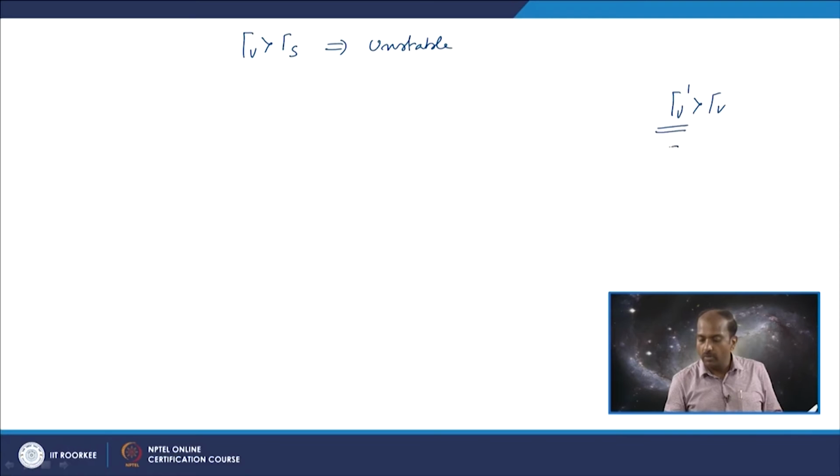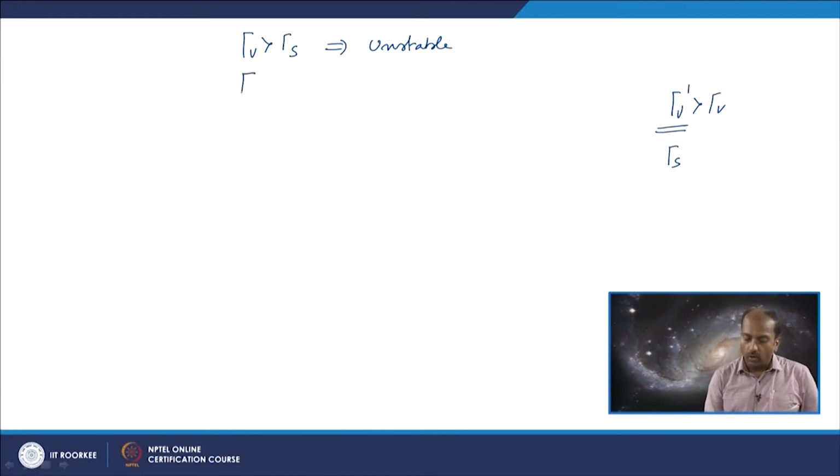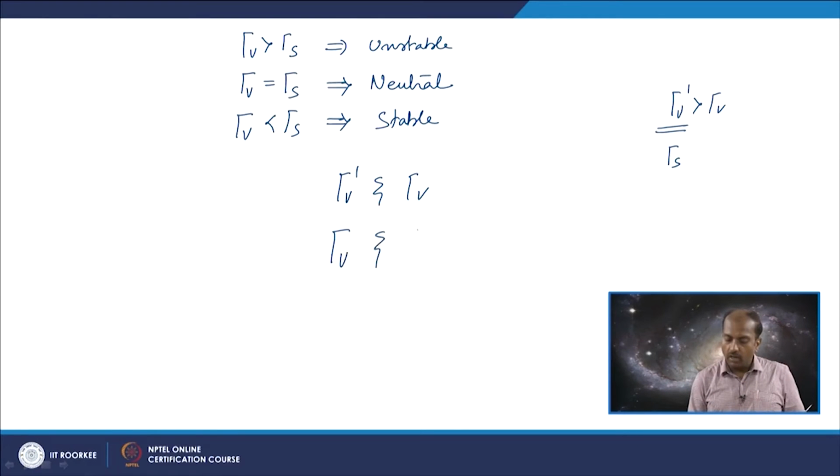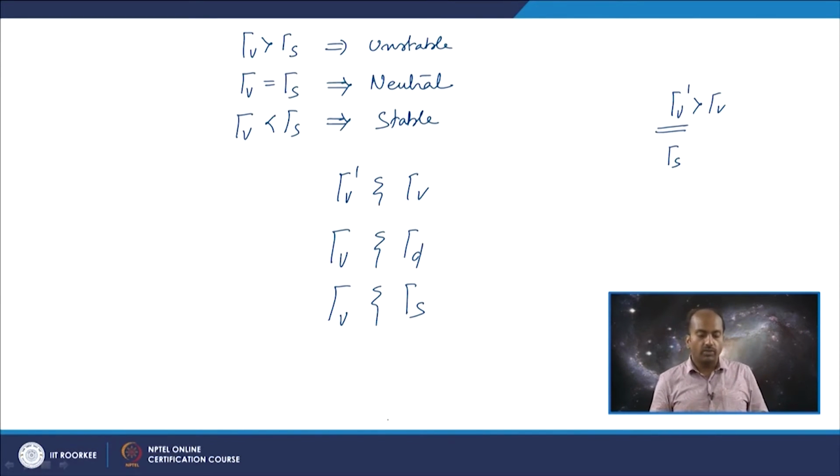It is just that gamma V prime is now replaced in terms of gamma S. Gamma V equals gamma S is neutral, and gamma V less than gamma S is stable, right. So, now we have conditions between gamma V prime and gamma V, gamma V and gamma D, and then gamma V and gamma S, depending on the height, the type of atmosphere, and the saturation or condensation.